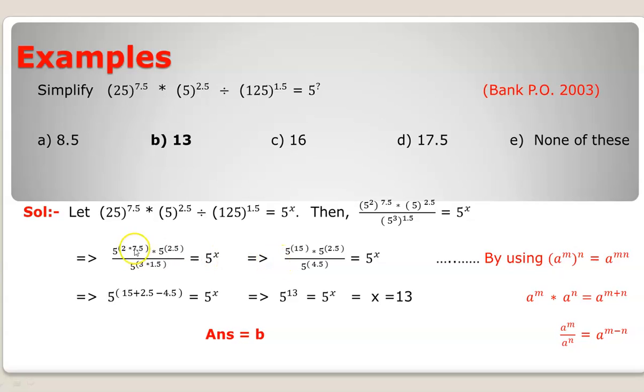This implies 5 raised to 15 into 5 raised to 2.5 divided by 5 raised to 4.5 is equal to 5 raised to x.